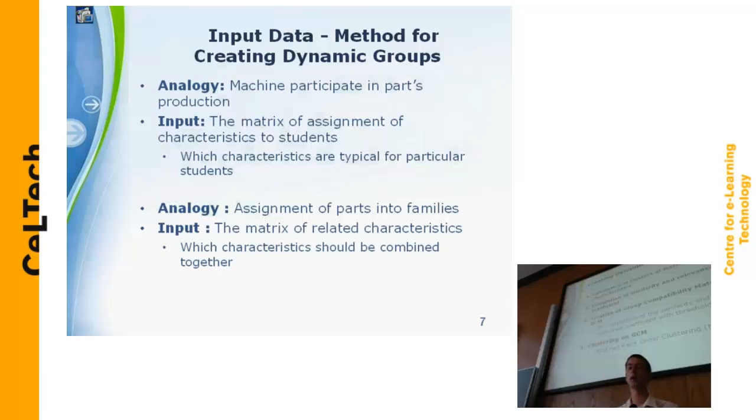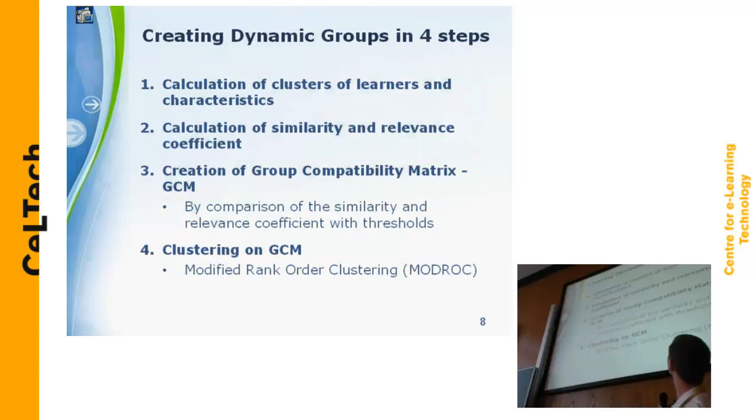So the calculation in our method consists of 4 steps. We describe this calculation in more detail in our paper, so I will give you only a short overview of it. First of all, we calculate some clusters of learners and characteristics, and according to these clusters, we calculate relevance and similarity coefficients, and these coefficients are used to calculate a special matrix we named the group compatibility matrix.